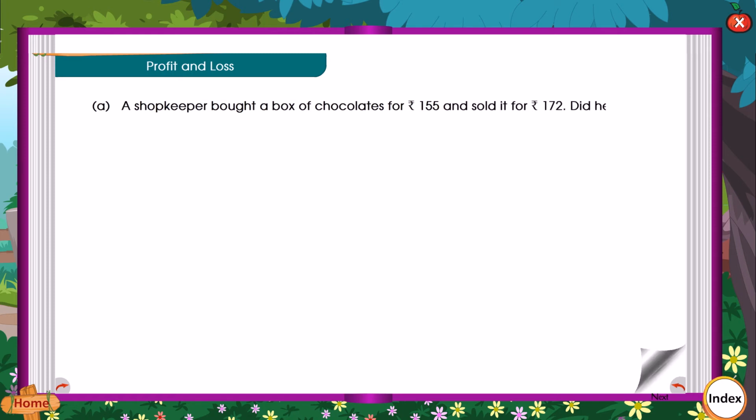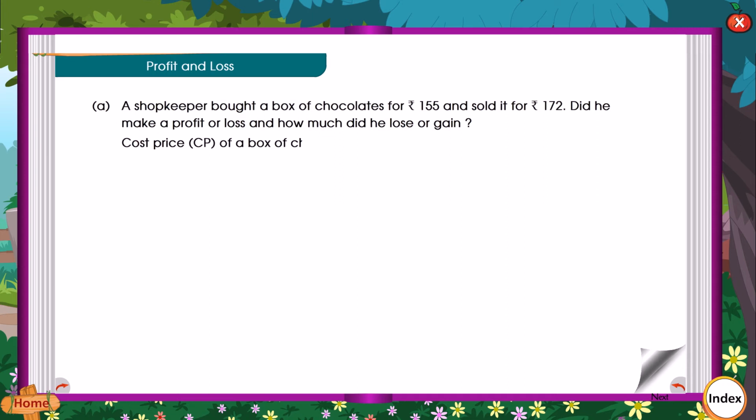A. A shopkeeper bought a box of chocolates for rupees 155 and sold it for rupees 172. Did he make a profit or loss, or how much did he lose or gain? Cost price of a box of chocolates is equal to rupees 155.